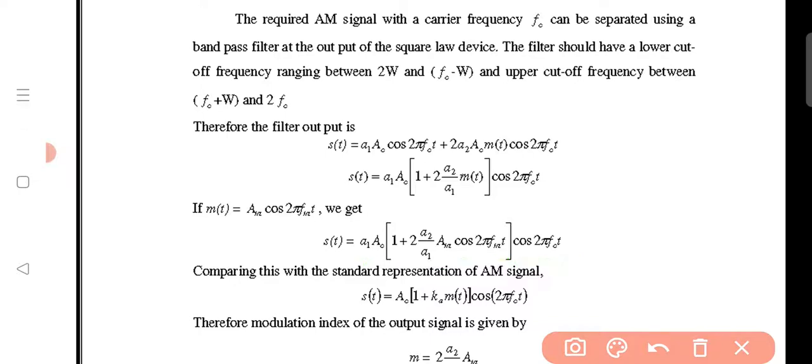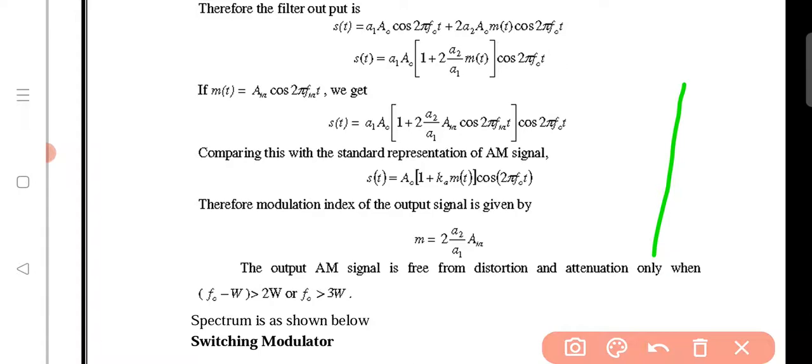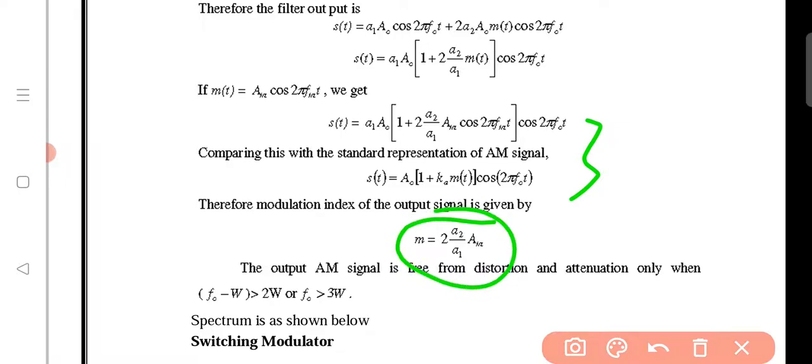So by careful observation, this is more similar to our AM standard equation. We conclude that here mu equal to the modulation index.